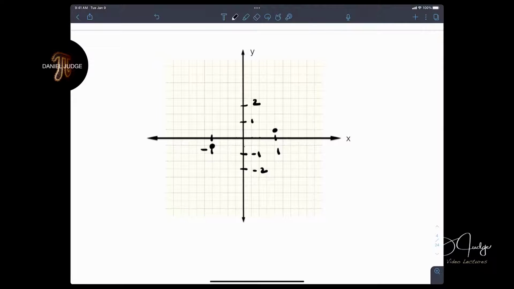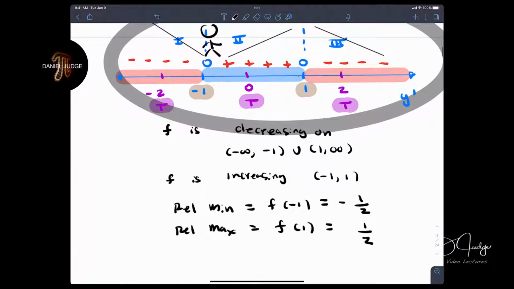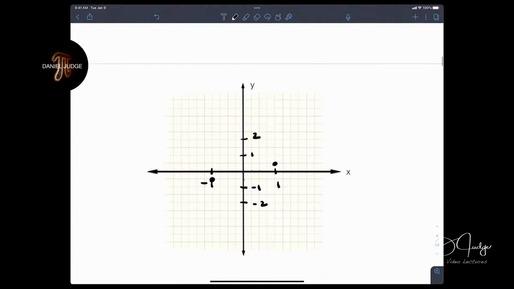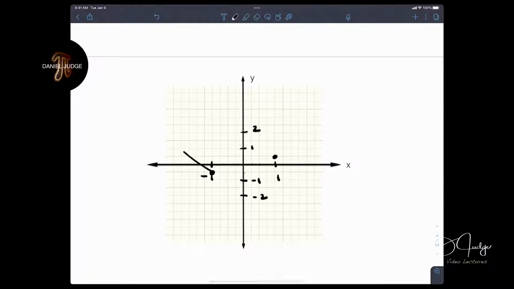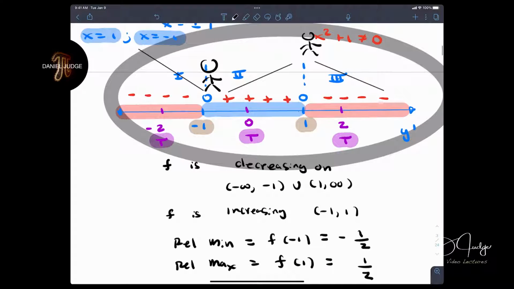We know the curve to the left of that value, to the left of -1, is a decreasing curve here. So I'm going to draw a straight line. Let's draw a decreasing line to mimic what's going on in quadrant 1 there, because you're decreasing from -infinity up to -1, and then you're increasing from -1 to +1.